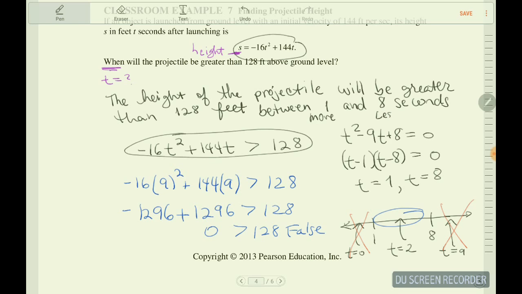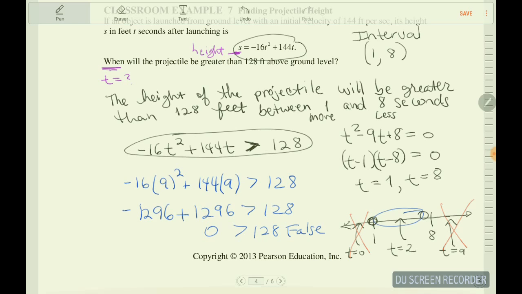and less than 8, because we are not including those endpoints because this is a strict inequality. So there are holes here, right? So in interval notation, that would look like t, well, let me say it like this, between 1 and 8. That would be an interval notation.